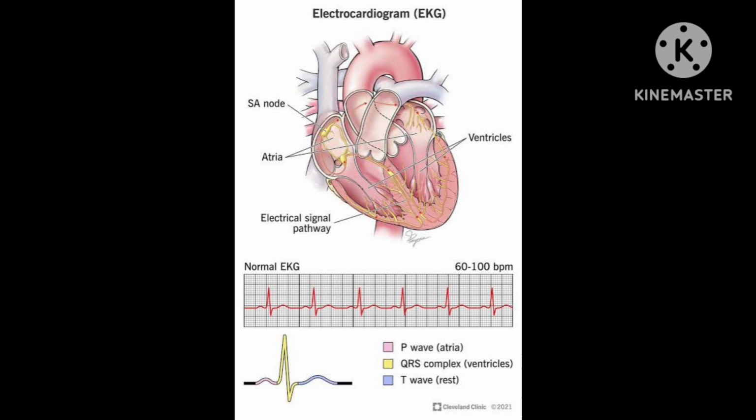Now see the role of the right upper chamber, the atrium. The important thing I am telling you is that the heart's rhythm is controlled by a natural pacemaker in the right upper chamber, also called the sinus node. The sinus node sends electrical signals that typically start each heartbeat. That electrical signal, those heart activities, you are measuring by the ECG machine. Okay, thank you. I am stopping only here.